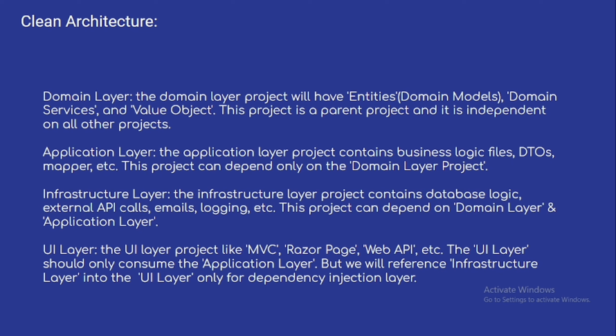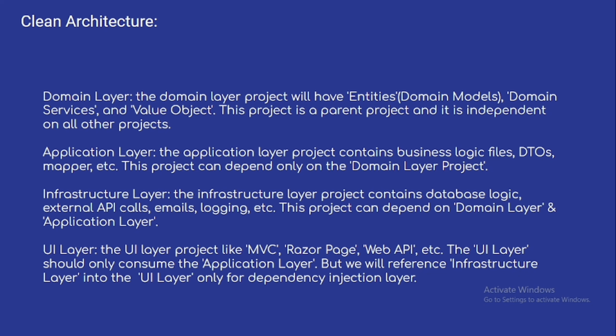But we also reference the infrastructure layer in the UI layer. That is because to use dependency injection, to register the infrastructure dependency injection, we import the infrastructure into the UI layer. Other than that, we cannot consume any code or logic from the infrastructure layer directly in the UI layer. It should always consume the logical files of the application layer.